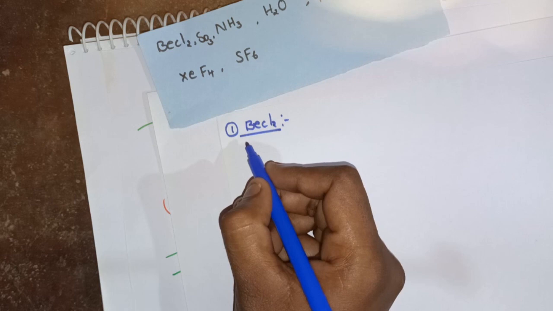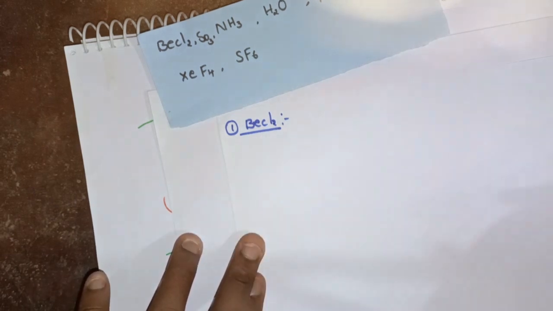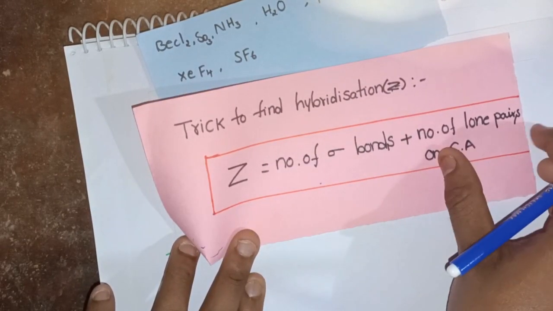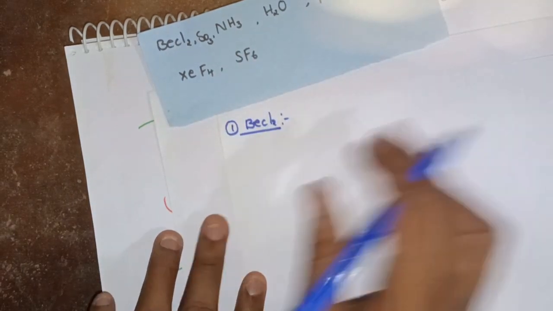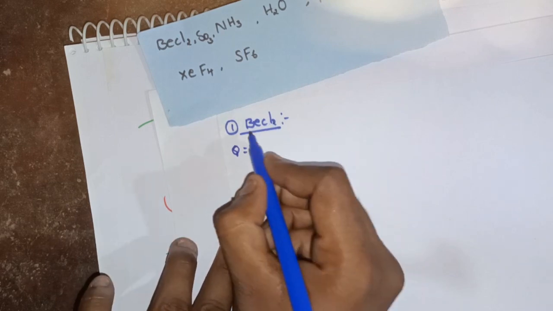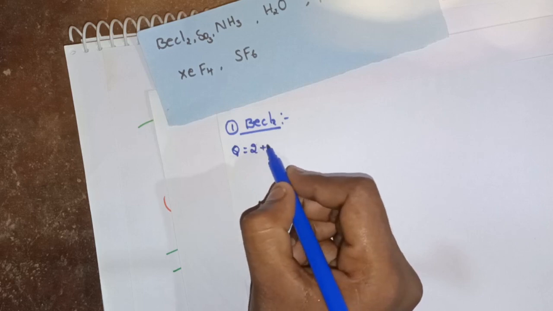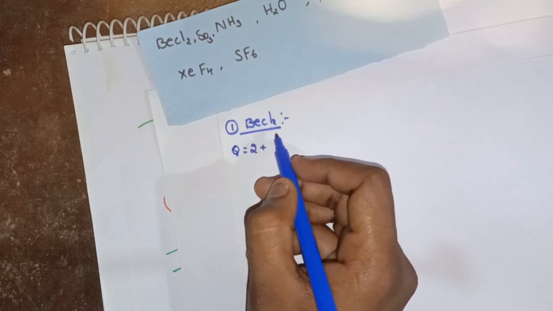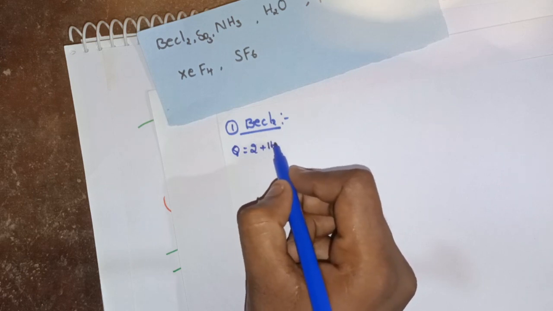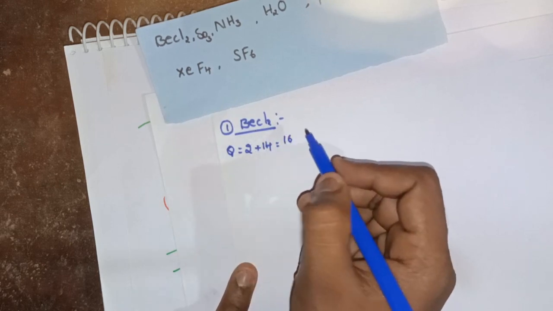To find hybridization, we have to calculate the number of sigma bonds and the number of lone pairs on the central atom. To do that, we have to find the total number of electrons. Q is equal to beryllium 2 plus chlorine having 7 valence electrons. 2 chlorine atoms are here, so 2 into 7, 14. That is 16 electrons in beryllium chloride.